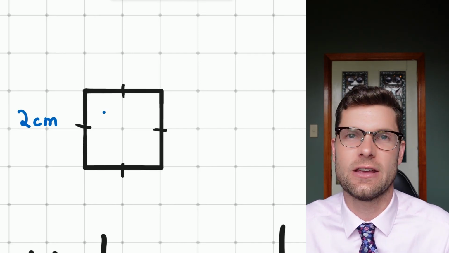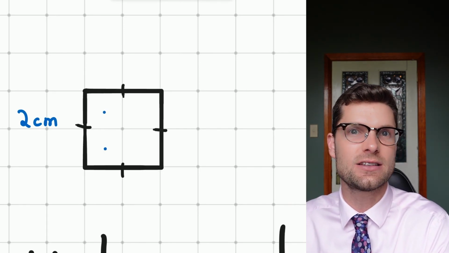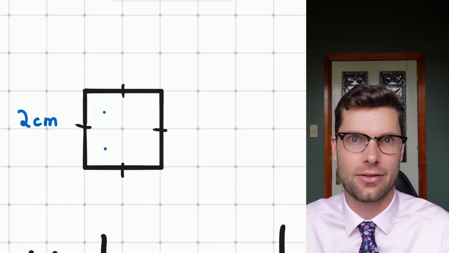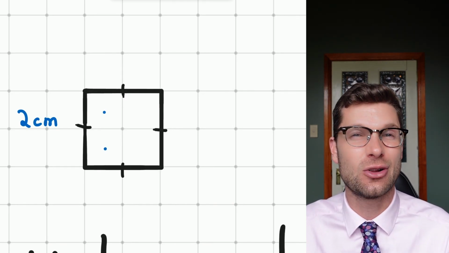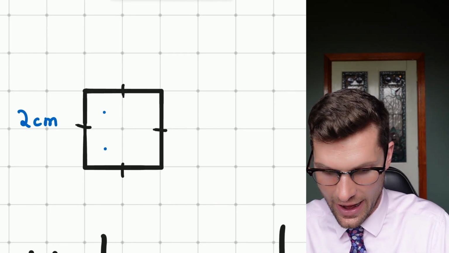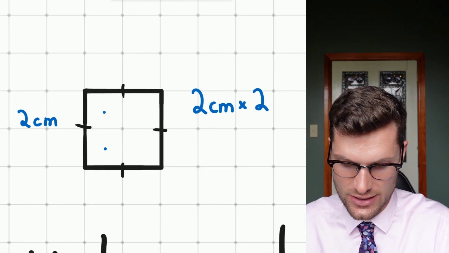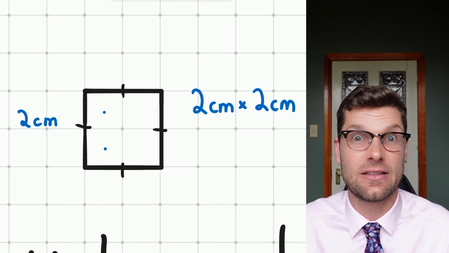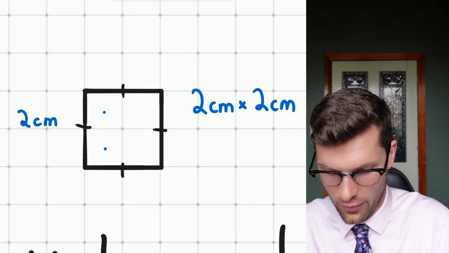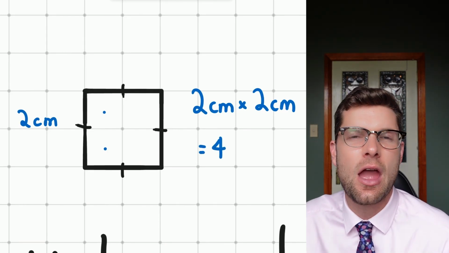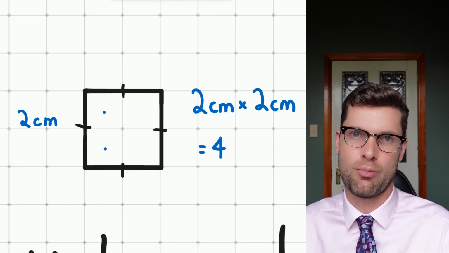I've got 2 of these boxes that happen twice because of the side length. So to work out what the actual area of this is, I have 2 centimeters multiplied by 2 centimeters. Obviously that is 4, so I've got 4 as my final answer, but the units here are incredibly important.